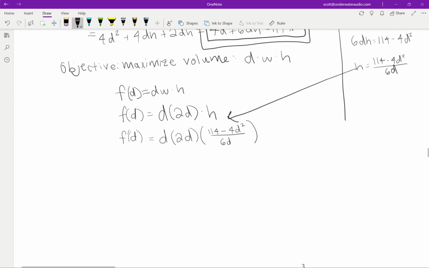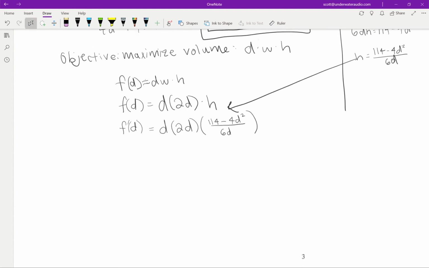Now, I think it would be a good idea to simplify because that looks pretty crazy at the moment. Oh, and I put a derivative symbol, but it's not a derivative. I haven't taken a derivative yet. So f of d would be, I have a d on the top and a d on the bottom that cancel, and 2 and 6 simplify to 1/3.